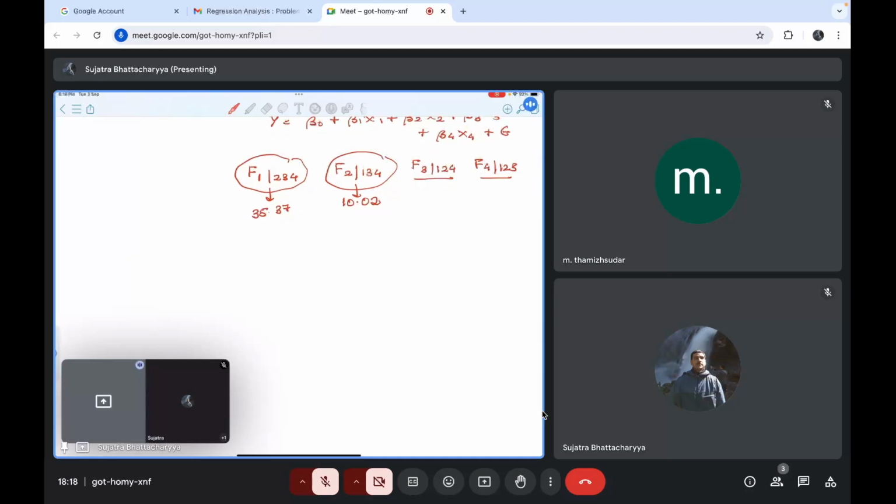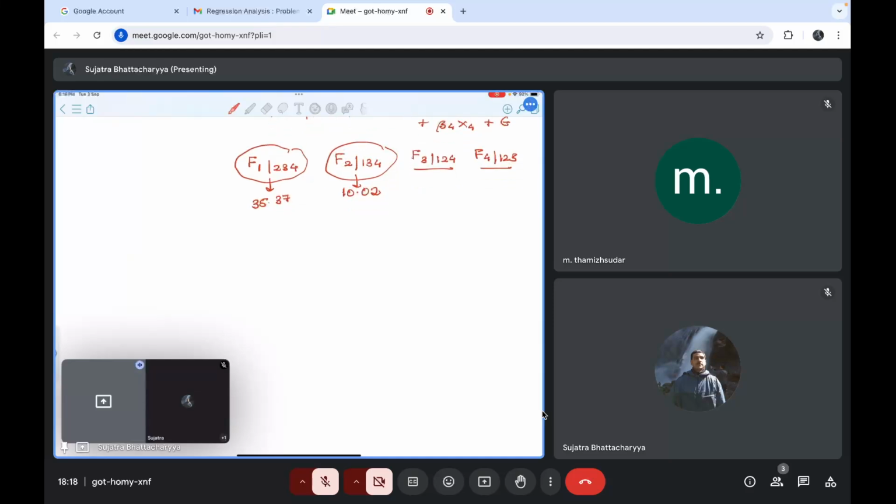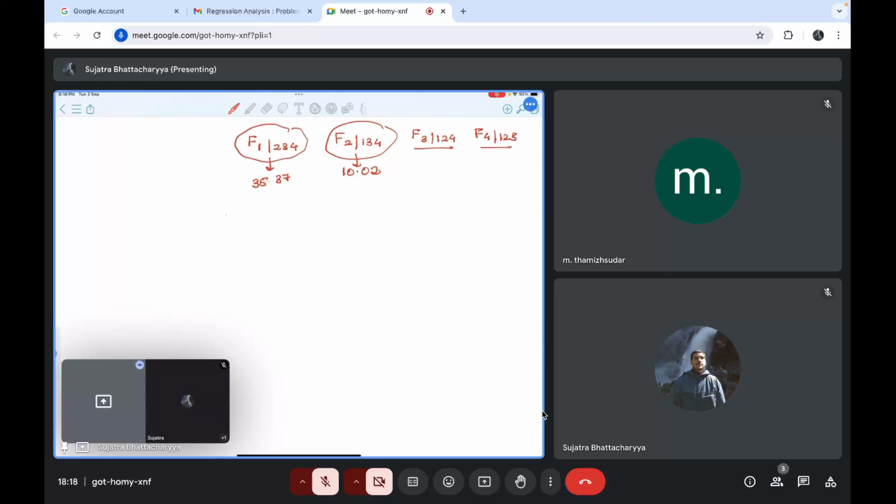You can clearly see that SS regression of 1, 2, 3, 4 and MS residual of 1, 2, 3, 4 are already calculated. What is required is F of 3 in the presence of 1, 2, 4.